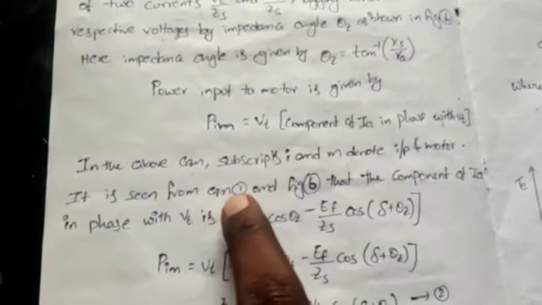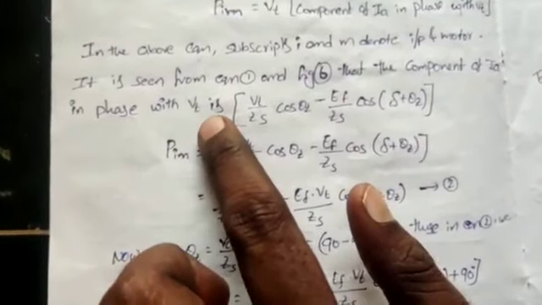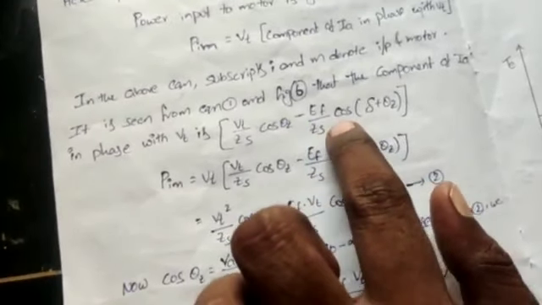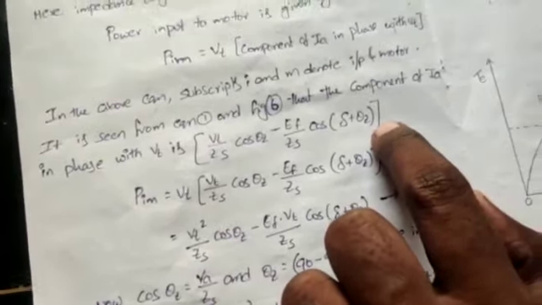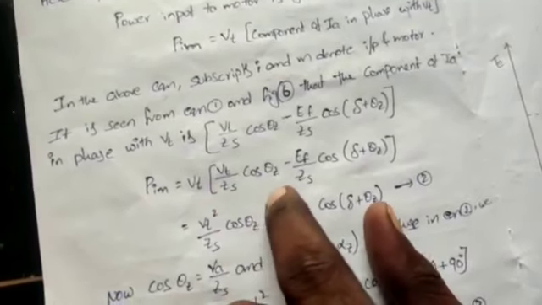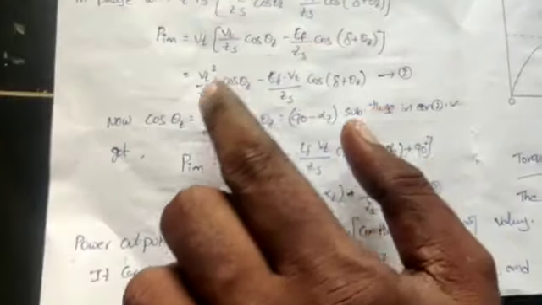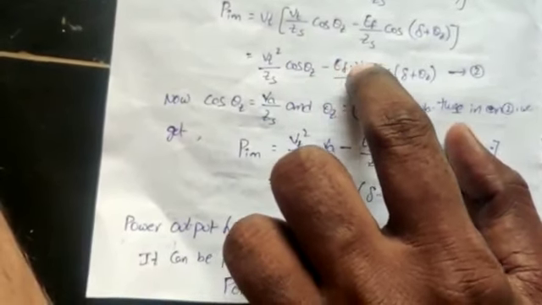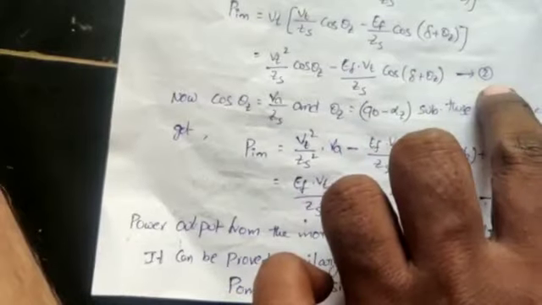It is seen from equation 1 and figure B that the component of Ia in phase with Vt is Vt by Zs into cos theta Z minus Ef by Zs into cos of delta plus theta Z. Substituting the Ia value in the above equation, we get PIM is equal to Vt square by Zs into cos theta Z minus Ef into Vt by Zs into cos of delta plus theta Z. This is equation 2.